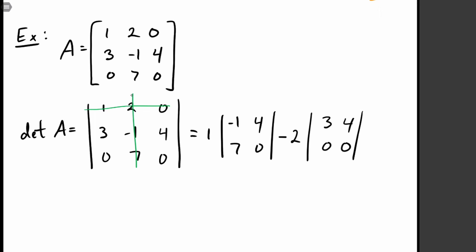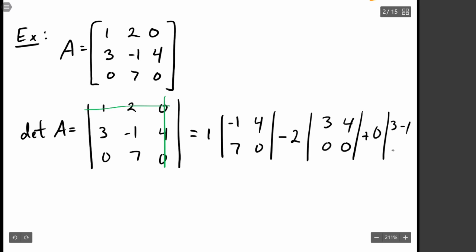And then finally, we have our last one, which is plus 0, and then that small determinant, 3, minus 1, 0, and 7.